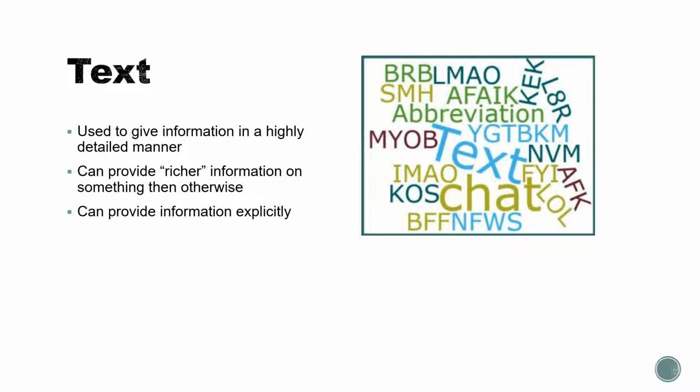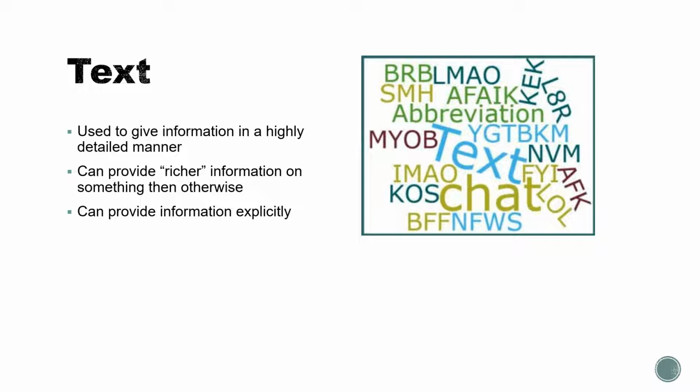It's going to be on pretty much every web page you look at, and the reason why you would have text is to give information, primarily in a very detailed manner. One of the good things with it is that it will generally say very explicitly what it is looking for. For example, the text on this slide here.